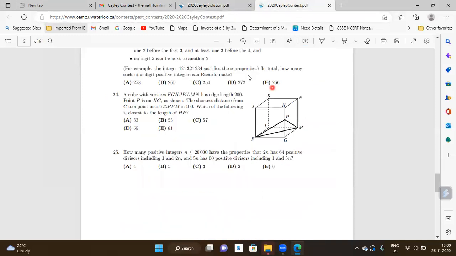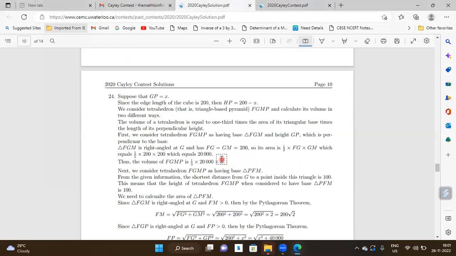They are just showing the edges. FG is 200. GM is also 200. So they are just equating it.